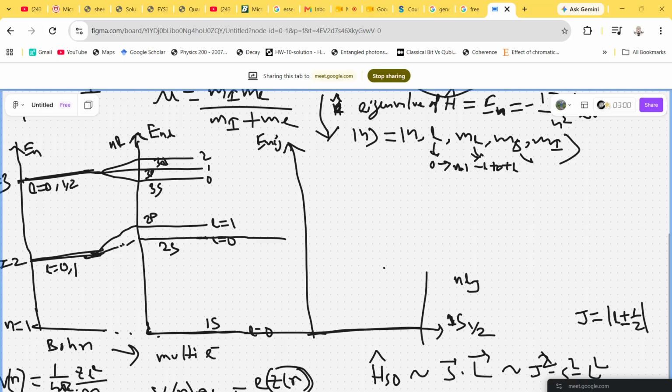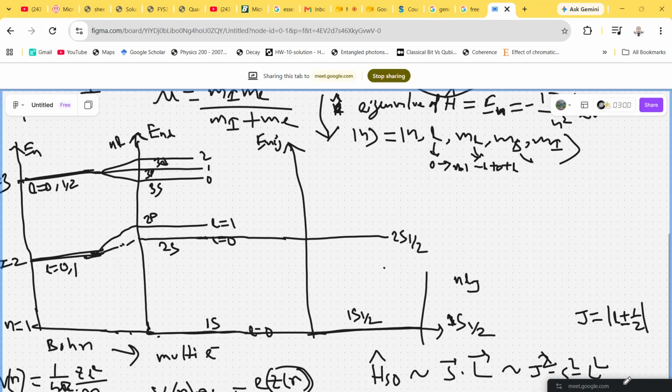So this is your first state, 1s half. Its energy will remain the same whether in the Bohr model, multi-electron or spin orbit, because L is 0. Here also it will remain the same and the state will become 2s half.